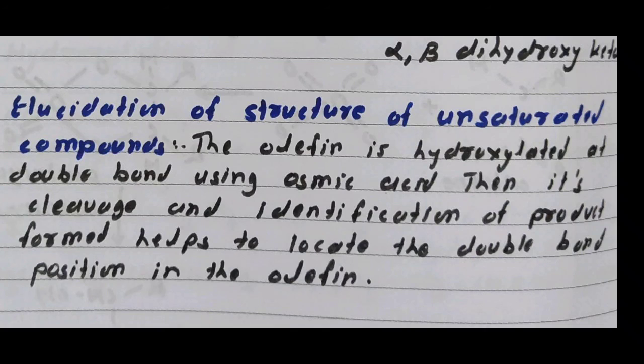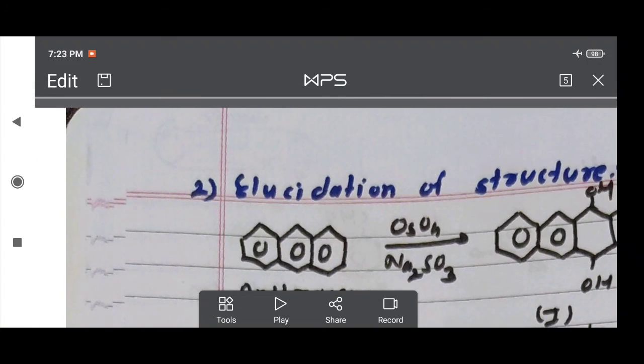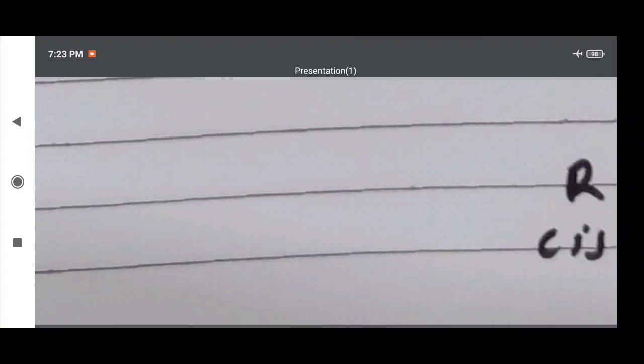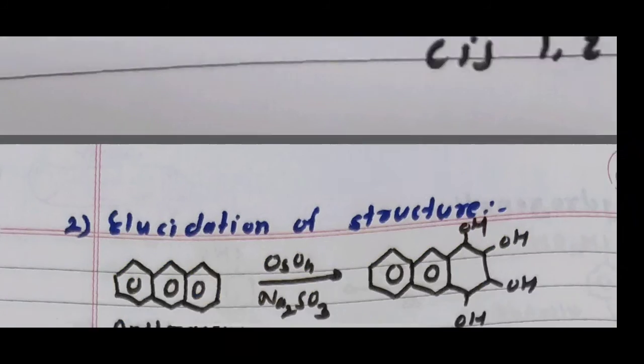We study here only four applications of OsO4. OsO4 is mainly used as an oxidizing agent. Therefore, the first application of OsO4 is hydroxylation of alkenes.